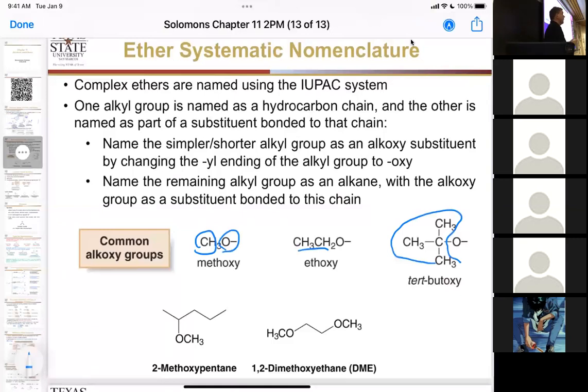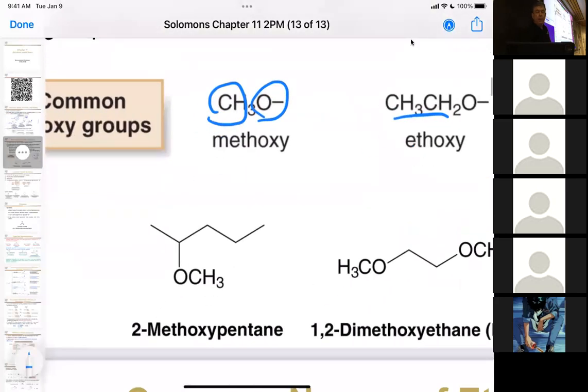And it's the substituent. And so you're going to pick the shorter chain, turn that into a substituent and have your parent chain be the longer chain. So if we look at here, we have 1, 2, 3, 4, 5 carbons. So we have pentane, and ethers don't change the name, so it stays pentane, A-N-E. And then we locate where our substituent is, 2, and we have 2-methoxypentane. Notice it all flows together. Common names have spaces.